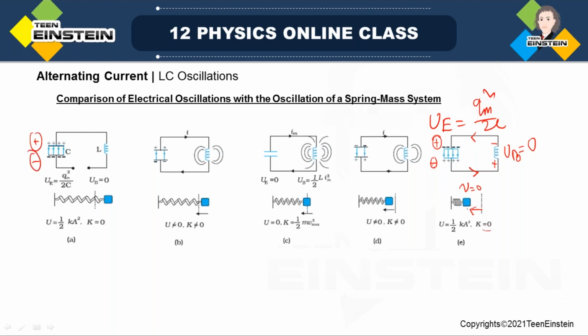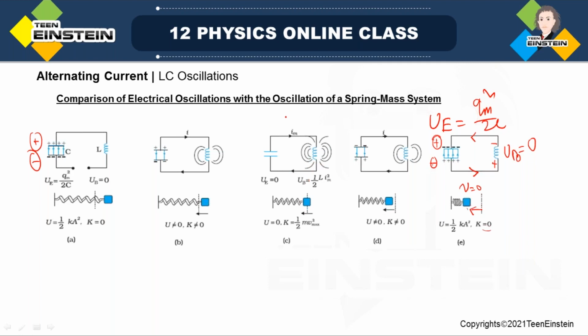So it will continue like this, and as you can see, the energy is oscillating. It is just oscillating from magnetic energy to electrical energy, and charge is oscillating from minimum to maximum. At the same time current also in the LC electric circuit is oscillating from minimum to maximum.